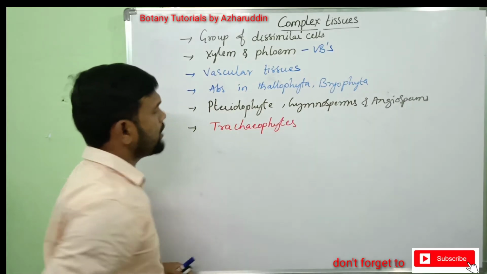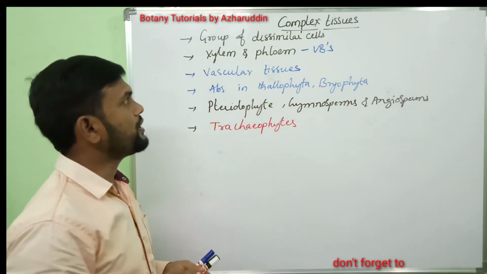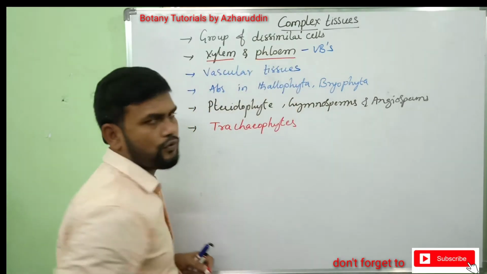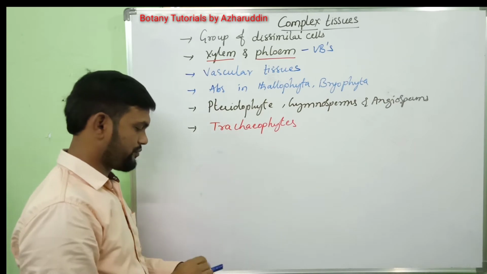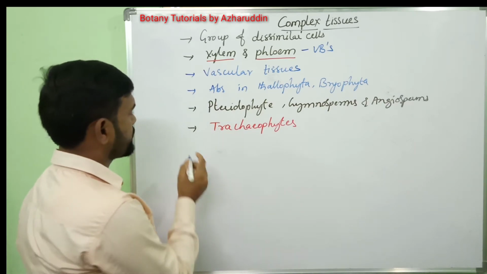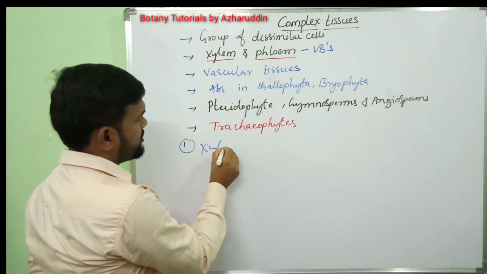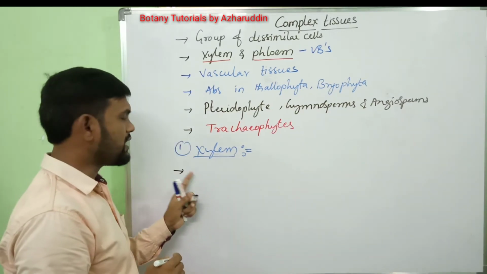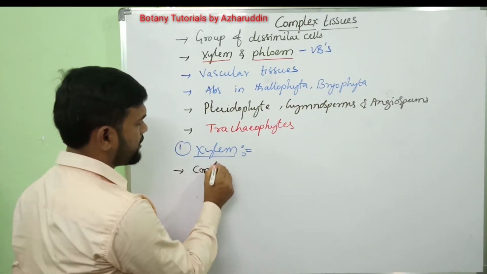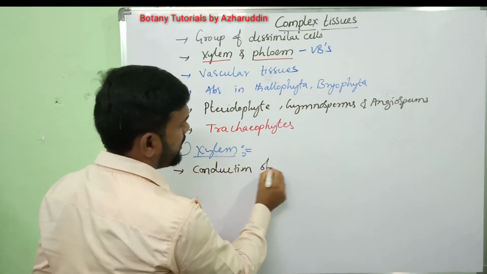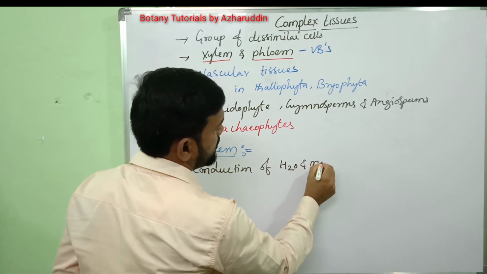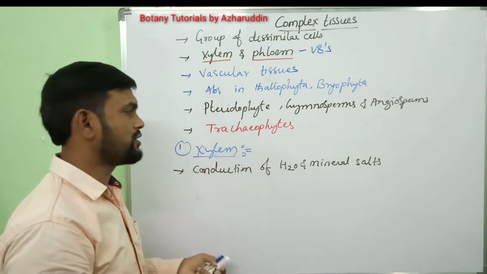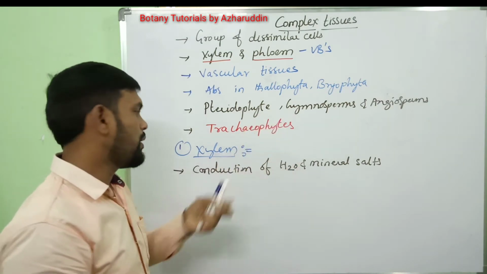Coming to complex tissues. How many complex tissues are present in the plant body? Mainly two: xylem and phloem. Coming to the first one, xylem. Xylem is a complex tissue involved in conduction of water and mineral salts from roots to the aerial parts of the plant body.